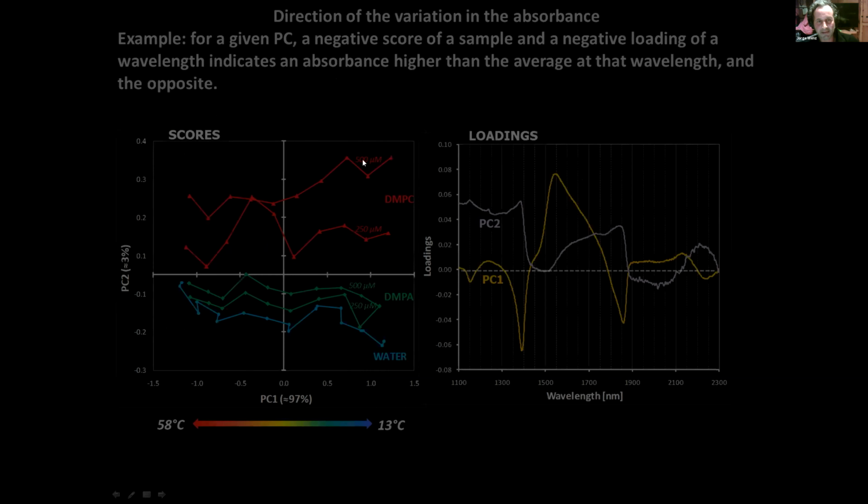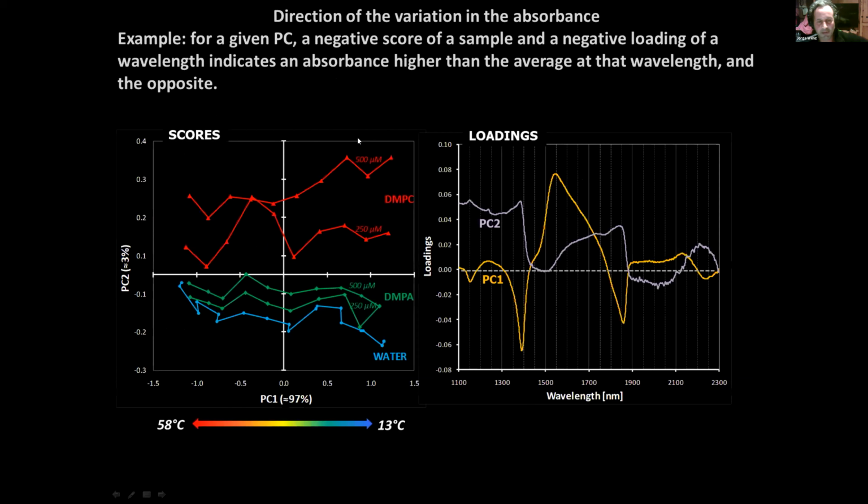If we compare together the score plot and the loading plot, we can make a kind of zoom of the spectra, especially when they are very overlapped and we want to see what happens with the effect we are measuring.